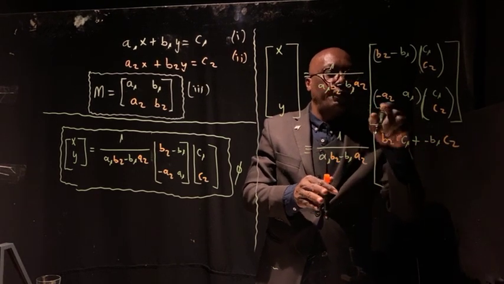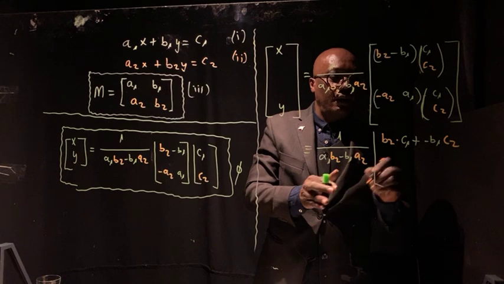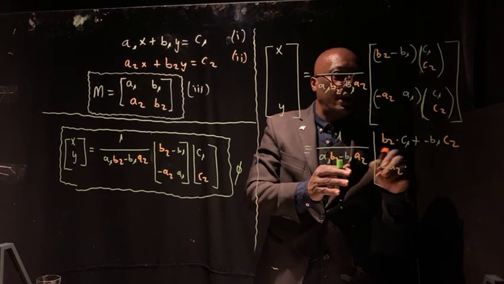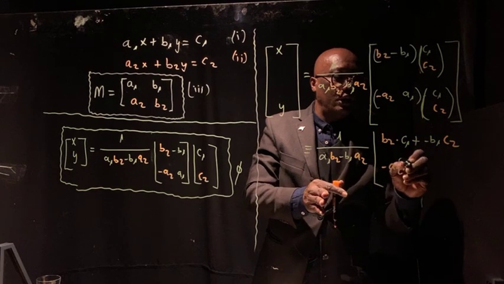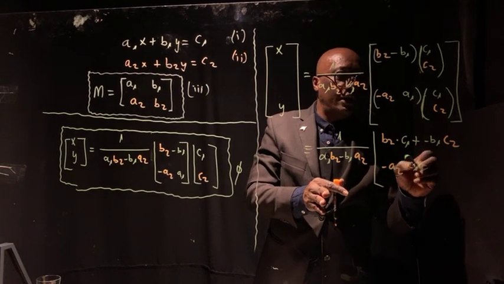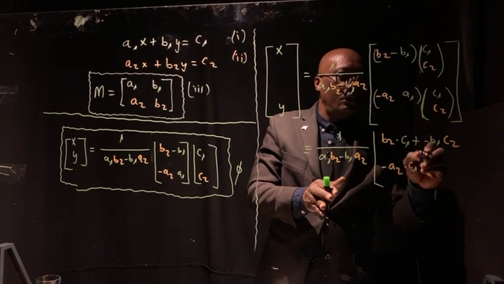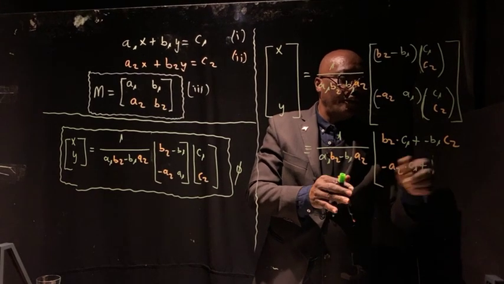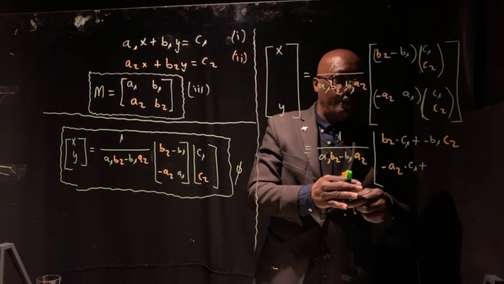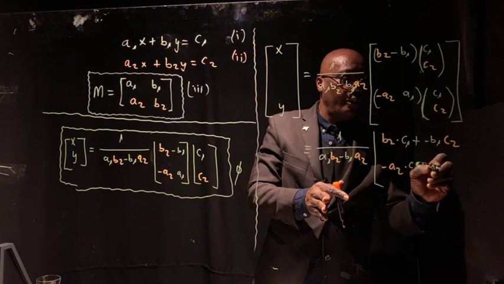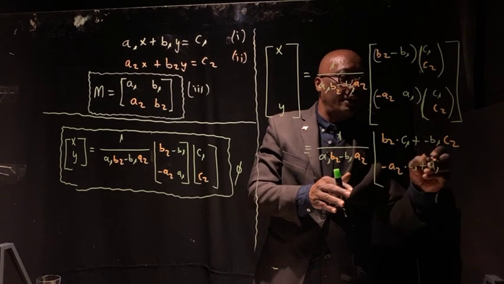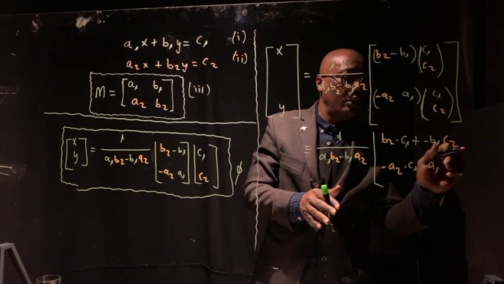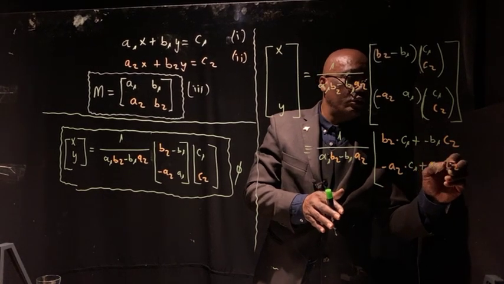Then we have here minus a2 times c1 plus a1 times c2.